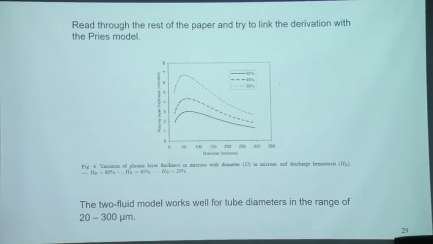And in the original paper, they also derive this further and relate that to the plasma layer thickness, and also the plasma layer thickness as a function of diameter, and how it varies.